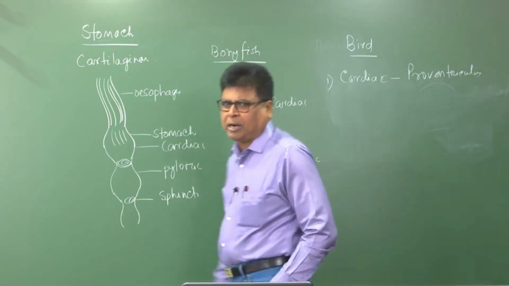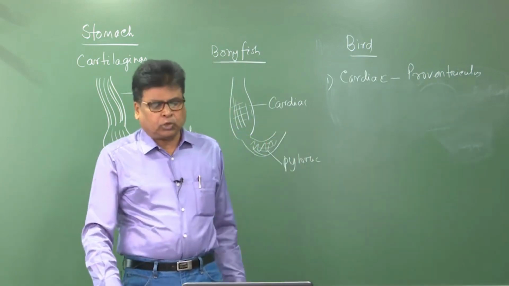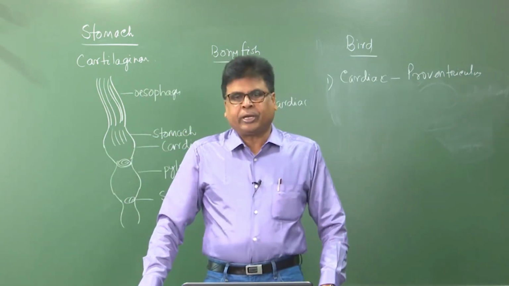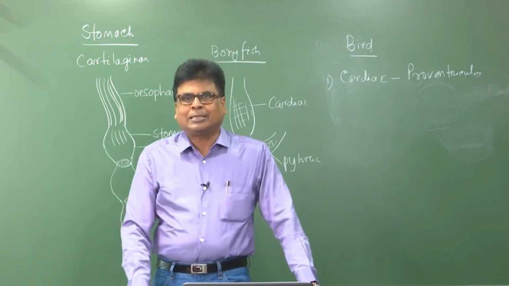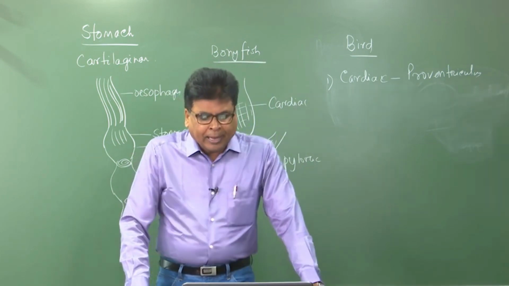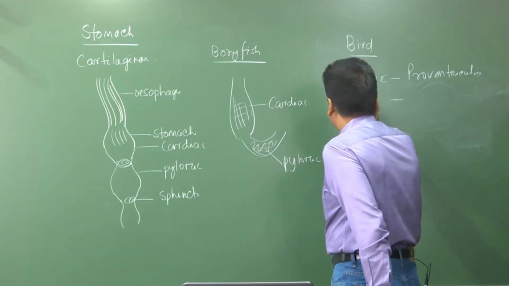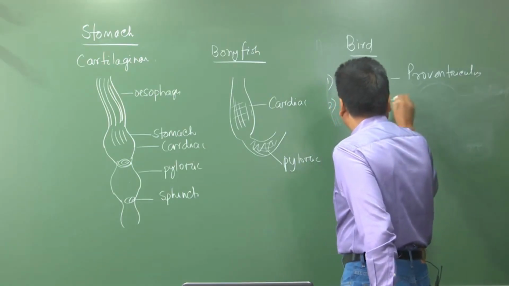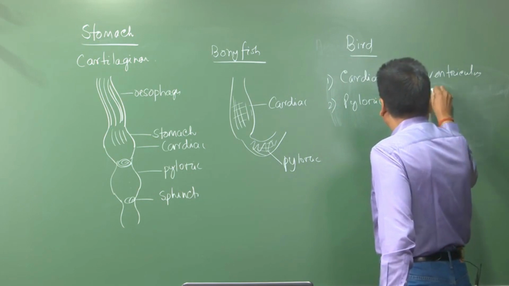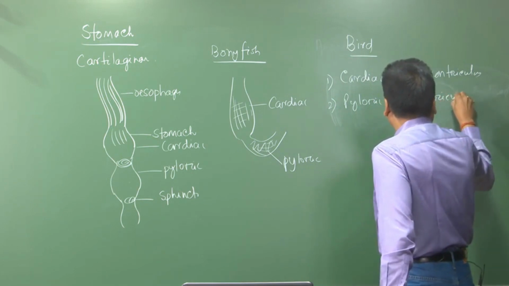In birds the cardiac stomach is known as proventriculus, and this is also known as granular stomach. And the other one, the most important, is the ventriculus, the second part, that is the pyloric part. This is known as ventriculus.